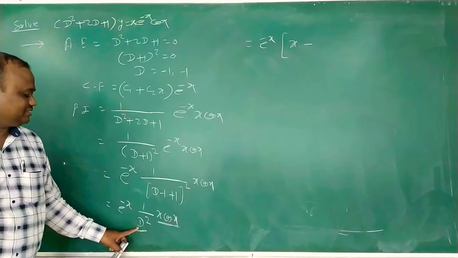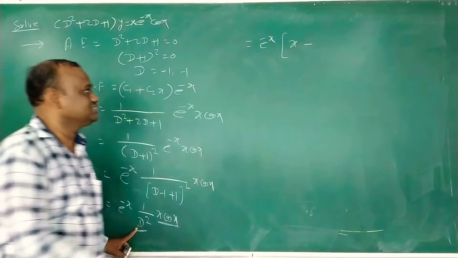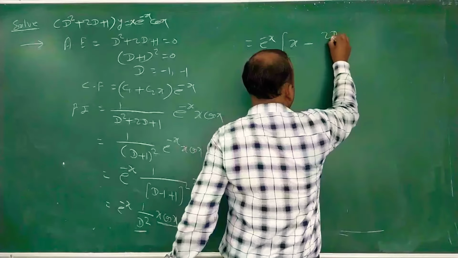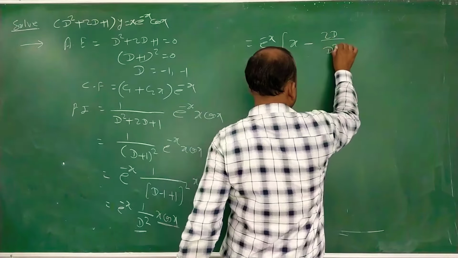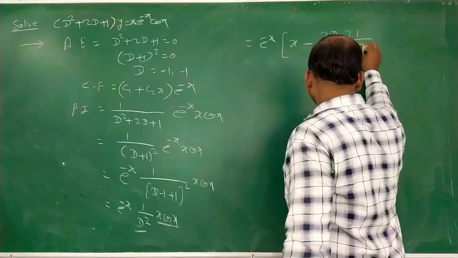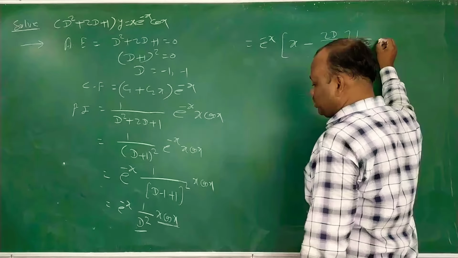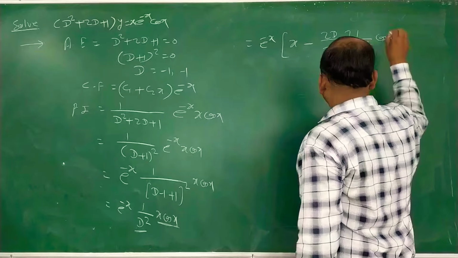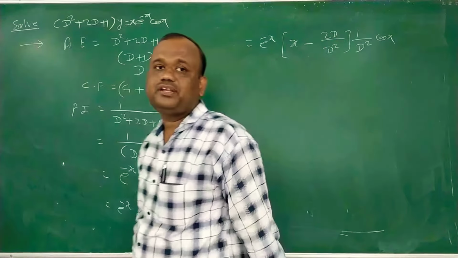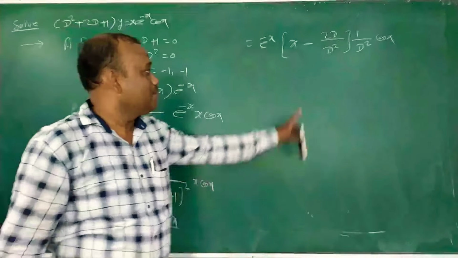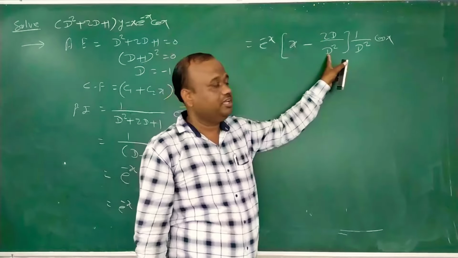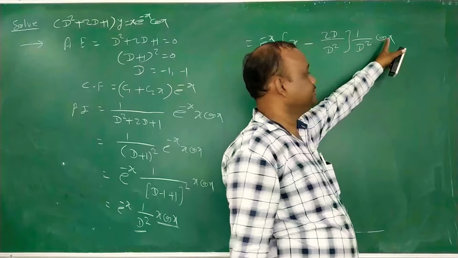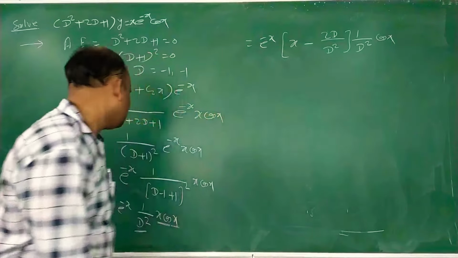Formula: x minus φ'. φ' means the derivative of D², that is 2D, upon φ(D), which is D², into 1/D² into v. And v is cos x. So this is the formula. Again I am giving the formula, x minus φ'(D)/φ(D) into 1/φ(D) into v, and v is cos x. X into v form.